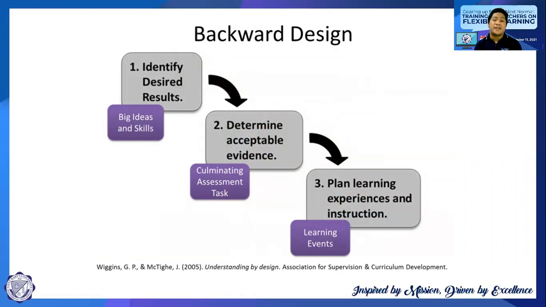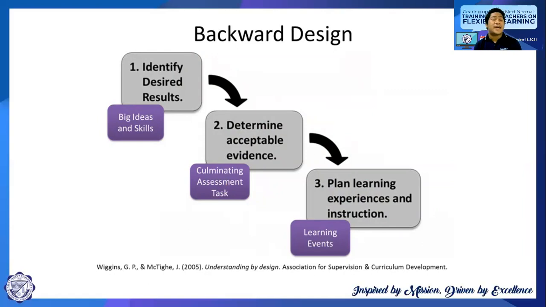And compared to the usual curriculum development process, where we identify our objectives, our content, then learning activities, and then evaluation procedures, the backward design starts with identifying our desired results. So this will be the big ideas and skills.